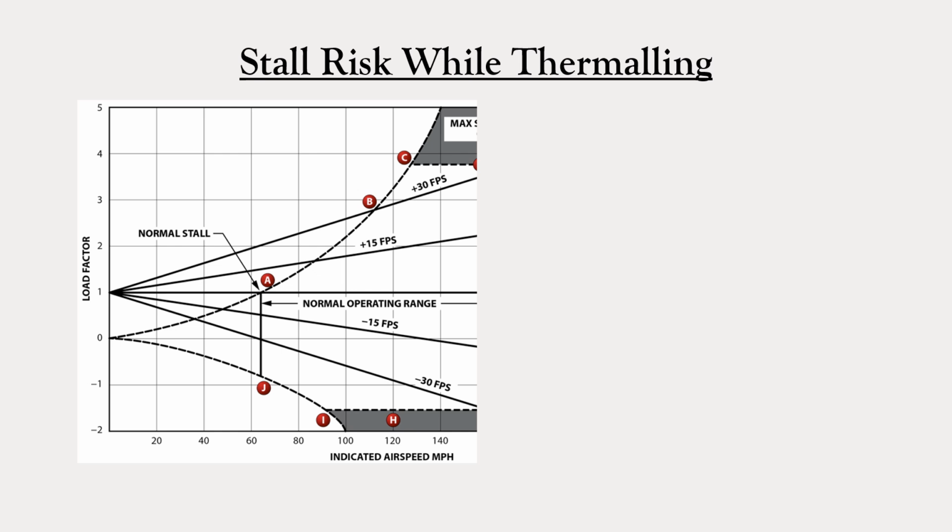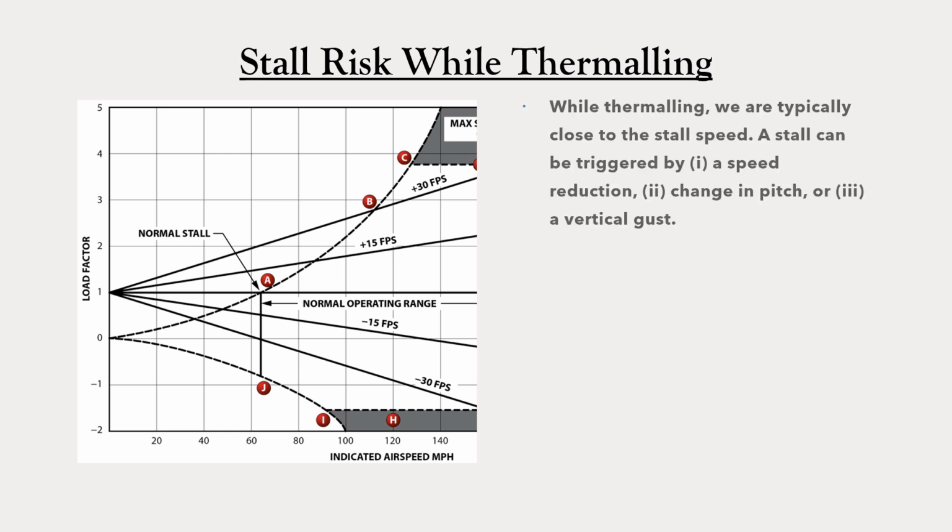And speaking of stalling, we have seen this kind of a chart before when we talked about some of the performance stuff, but in that lesson we were focused more on what happens at high speeds and how we avoid bending the glider. This time, what I want to focus on is what's happening in the lower speed end of this chart.